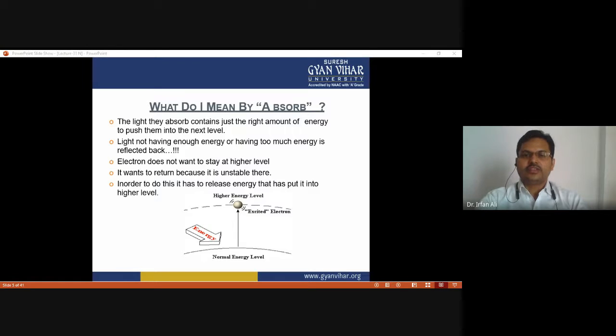So the energy which the pigment releases, and the wavelength of this electromagnetic radiation, particularly determine the color of the pigment.